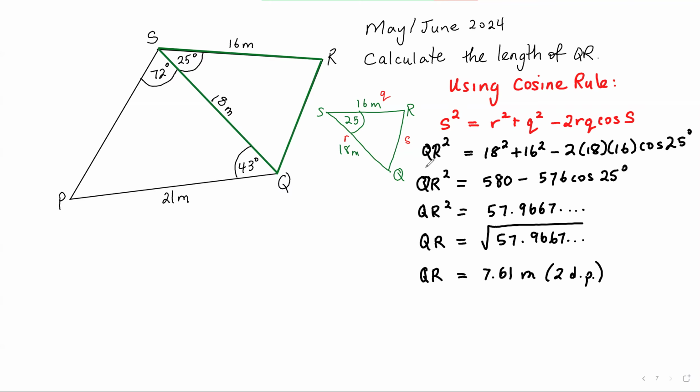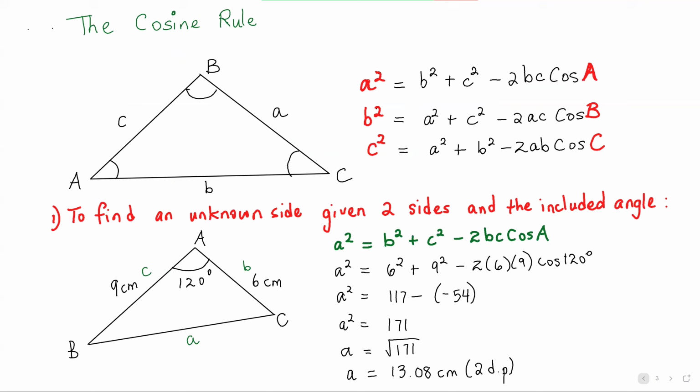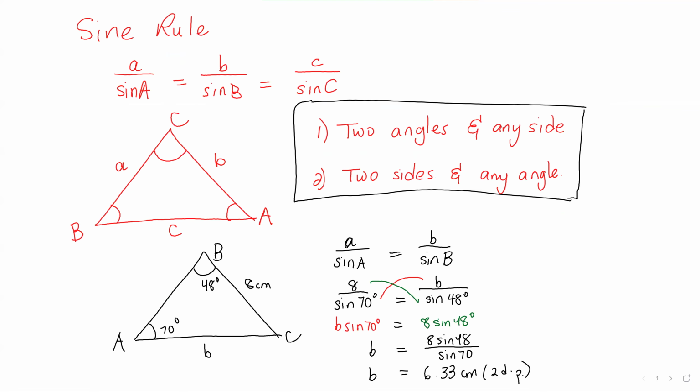Right. So the reason, girls, we couldn't use a sine rule for this is because you would have needed one more angle in order to find the unknown side. Because if we go back to when we were revising, the sine rule can be used to find an unknown side when you have two angles on any side, or to find an unknown angle when you have two sides on any angle, right?